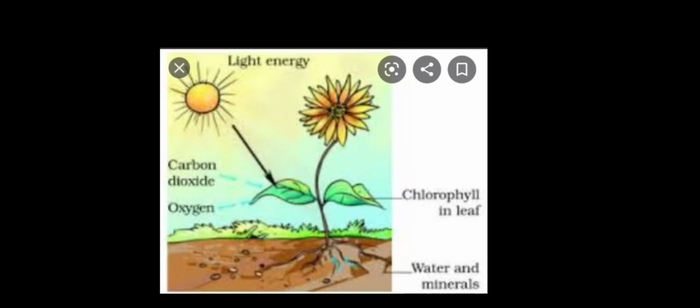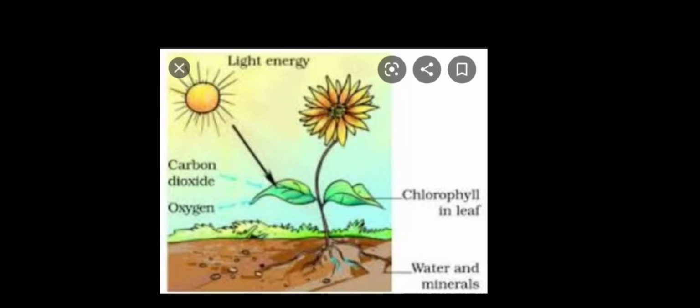Now, the leaves have chlorophyll in them, and this chlorophyll pigment is responsible for absorption of sunlight. The carbon dioxide is also absorbed by the leaves. The leaves have tiny pores which are called stomata. Through diffusion, the carbon dioxide gets in through the stomata.